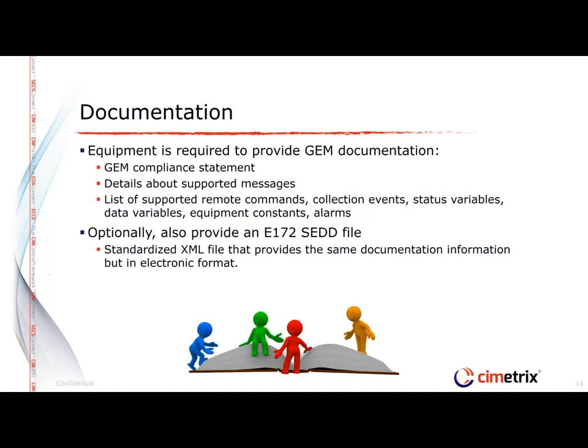They can know which messages from GEM are actually supported, and the GEM compliant statement tells you the scale of implementation. And then you want to list the supported remote commands, collection events, and other data collection features that are available for subscription to.